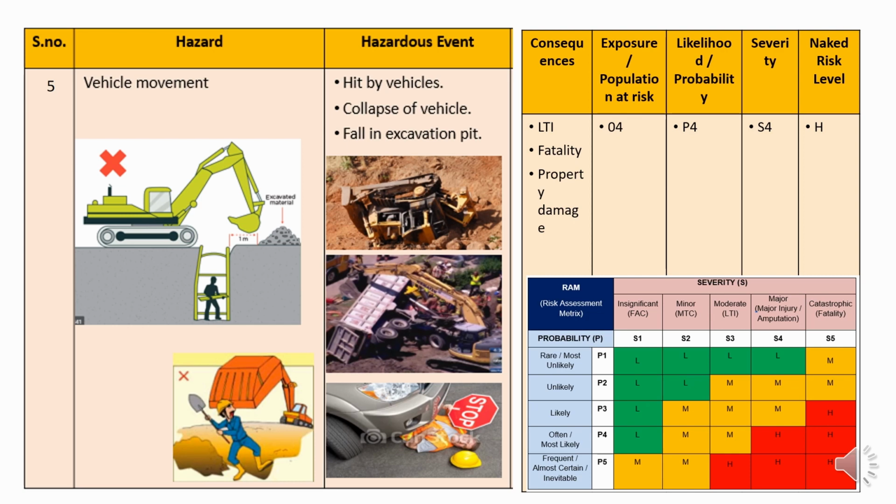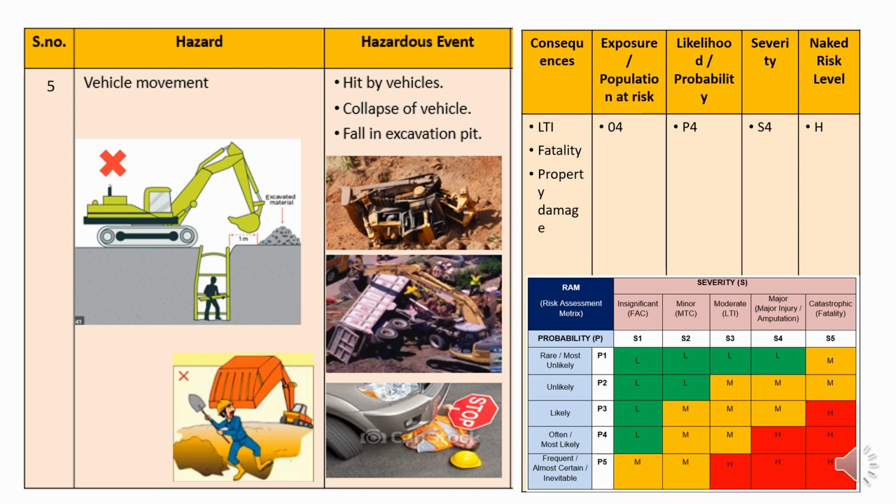If vehicle movement leads to a hit by vehicle or any hazardous event, it will be P4, meaning often or most likely possible, and then severity S4, meaning it will lead to major injury or amputation.